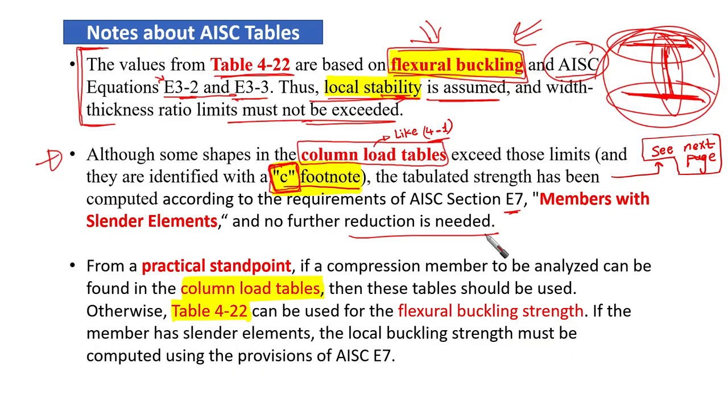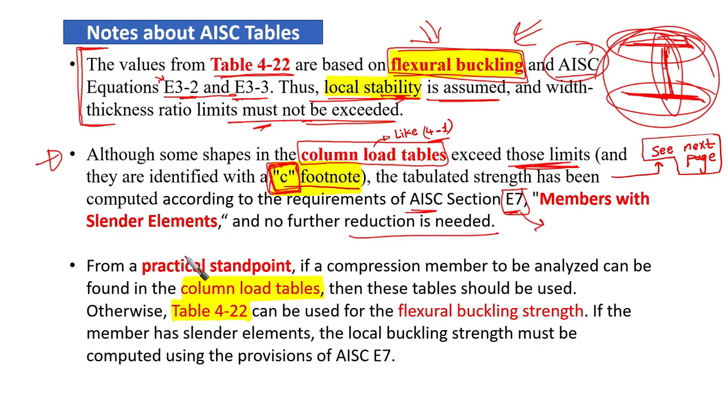So we need to acknowledge that some shapes in the column load tables exceed those limits, the limits I mentioned here for local stability issues. Those sections are identified with a C footnote. The tabulated strength has been computed according to the requirements of AISC section E7, which is related to members with slender elements, and no further reduction is needed.